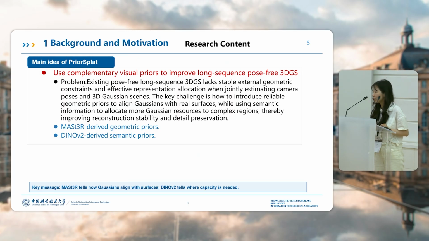And DINOv2 provides semantic priors. It tells us where representational capacity should be concentrated. These 2 priors address the 2 bottlenecks I described, and they are designed to be complementary, not redundant.